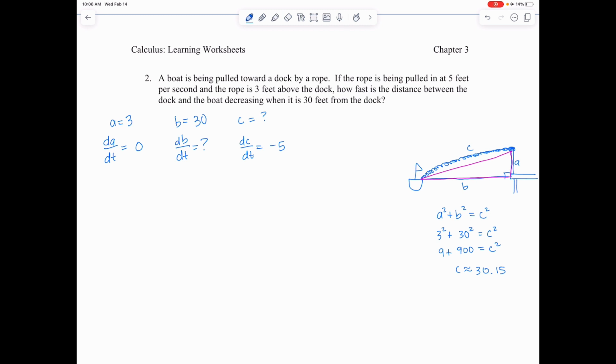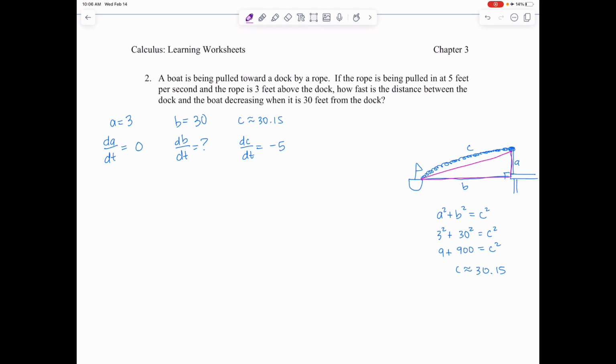Okay, so I'm going to update what we know. C is approximately 30.15. Now we have one unknown left, and that's the one that we need to answer our question.